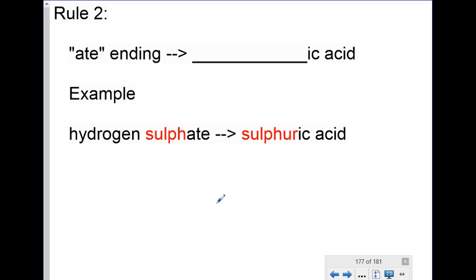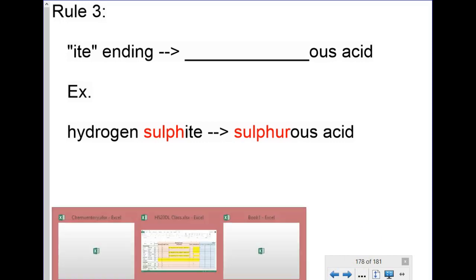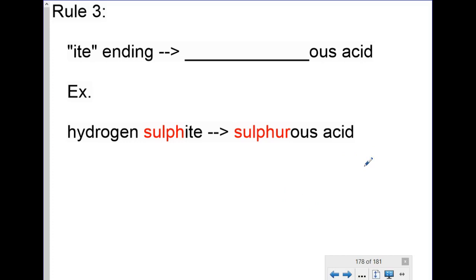If you take a look, pretty much anything that you didn't highlight for an ATE is 50-60% ITE. Again, hydrogen completely disappears from the name. We use the root word of the ion name, and we add in the OUS.